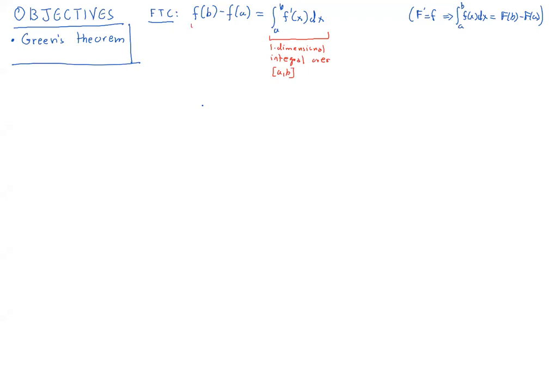And I would like to view this as a zero-dimensional integral over the boundary of AB. And the boundary of AB is simply the two points A, B.